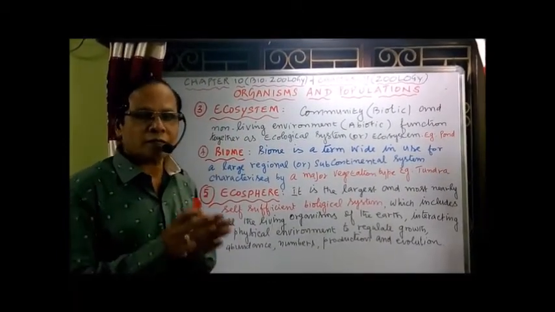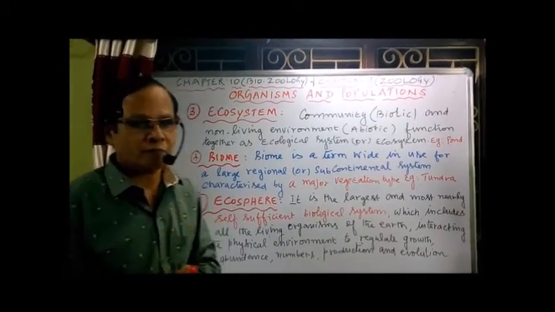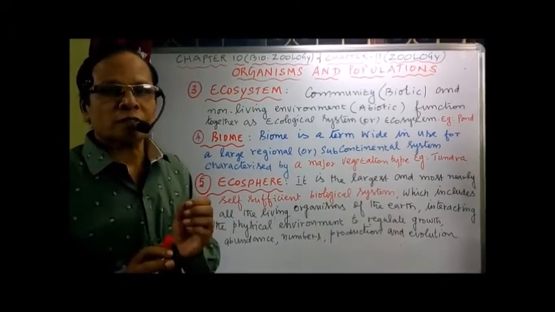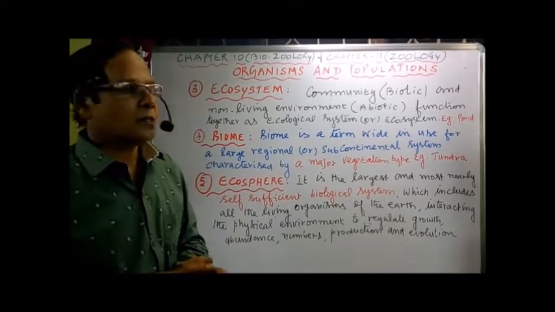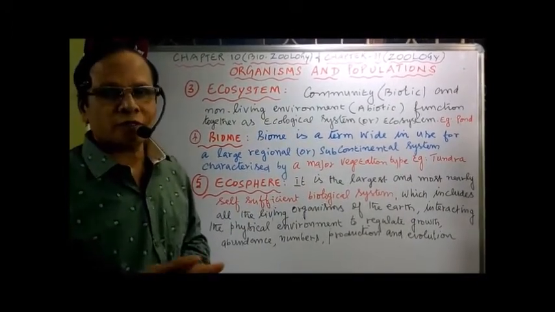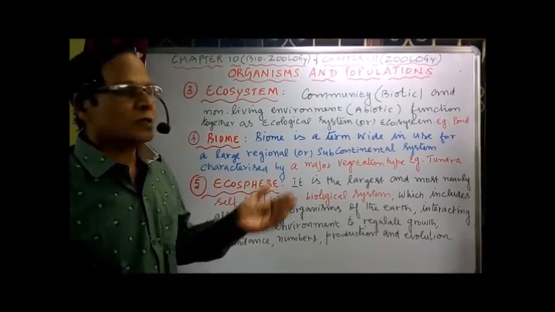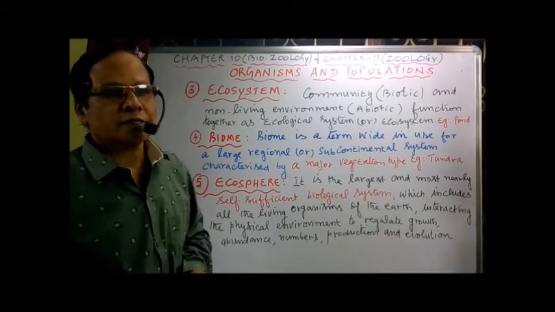That's why I say the interactions between the abiotic and biotic factors constitute the ecosystem. So an ecosystem is an ecological unit consisting of, one, abiotic factors, and two, biotic factors. The abiotic factors are the various gases, water, soil, etc. The biotic factors are the community of plants, animals, etc.